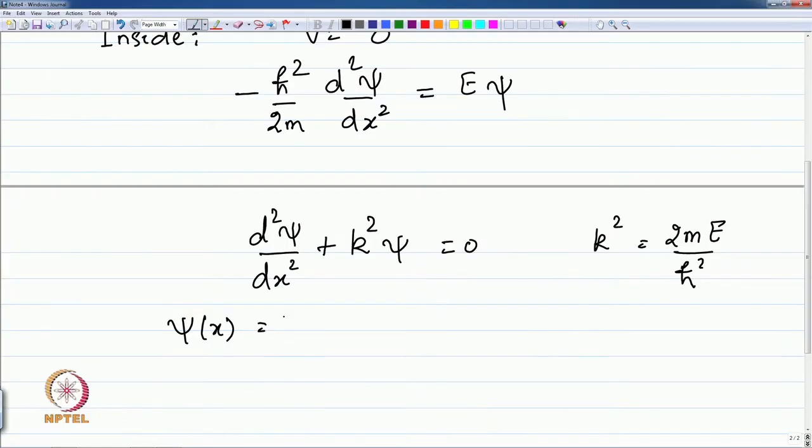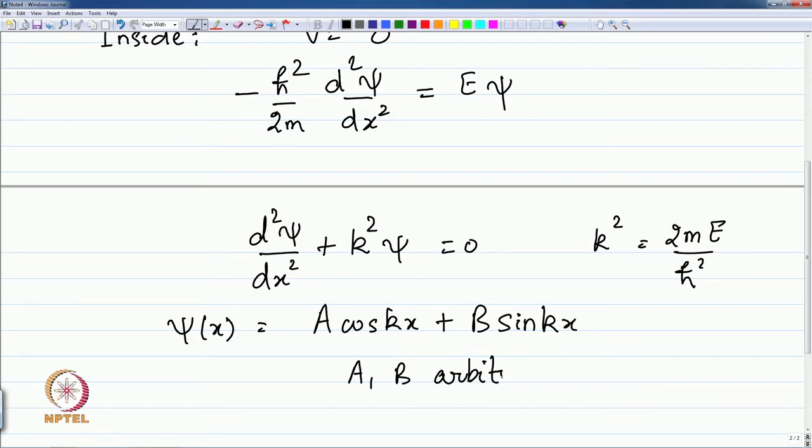Let us use the trigonometric function, namely a cos kx plus b sine kx, where a and b are arbitrary constants.